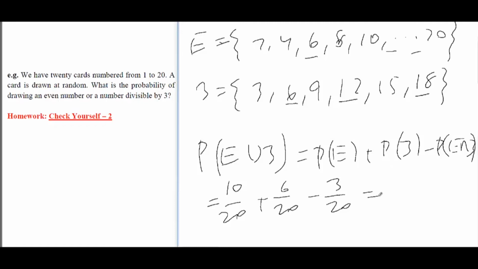And it's equal to 10 plus 6 minus 3, which is 16 minus 3, 13 over 20. So the probability of taking an even number or a number divisible by 3 is 13 over 20. Check yourself too, it is your homework.